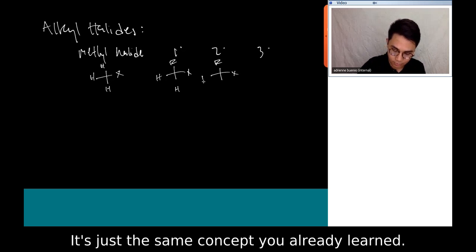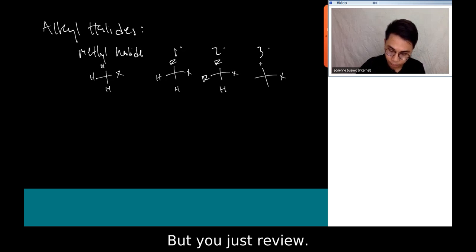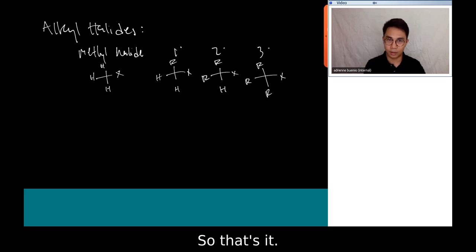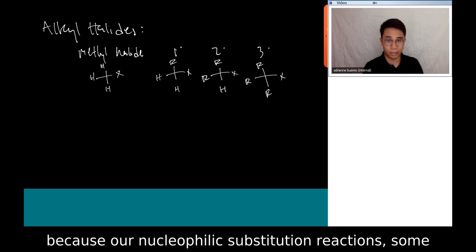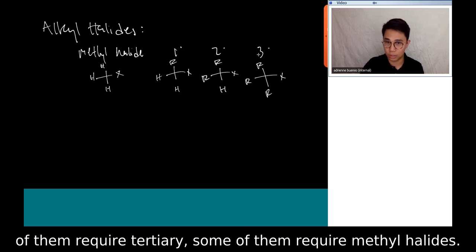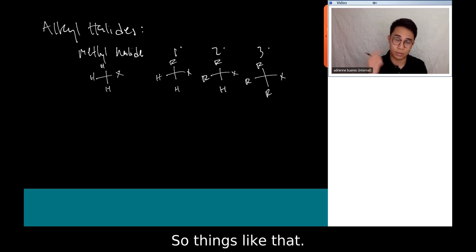It's just the same concept we've already learned, just review, right? So that's it. And this will come in handy later because our nucleophilic substitution reactions actually require, some of them require tertiary, some of them require methyl halides, things like that.